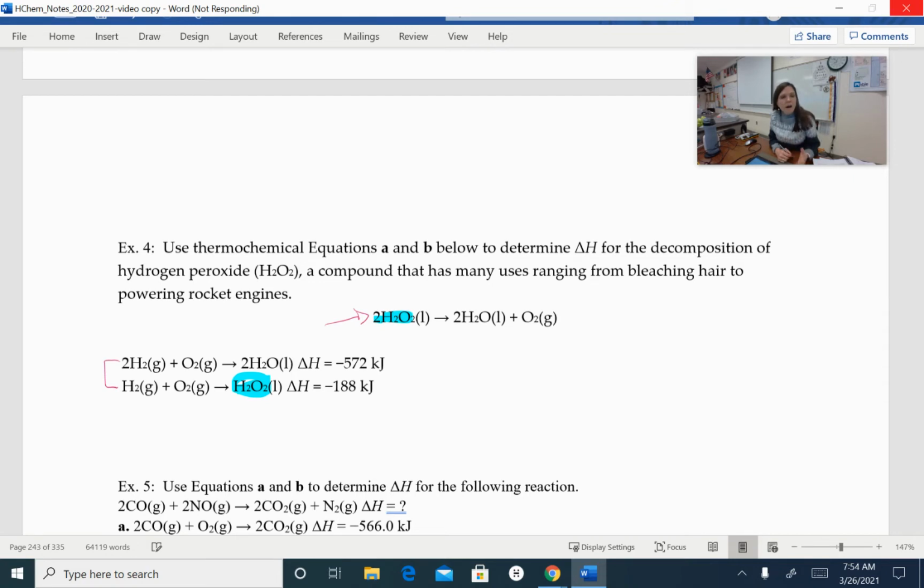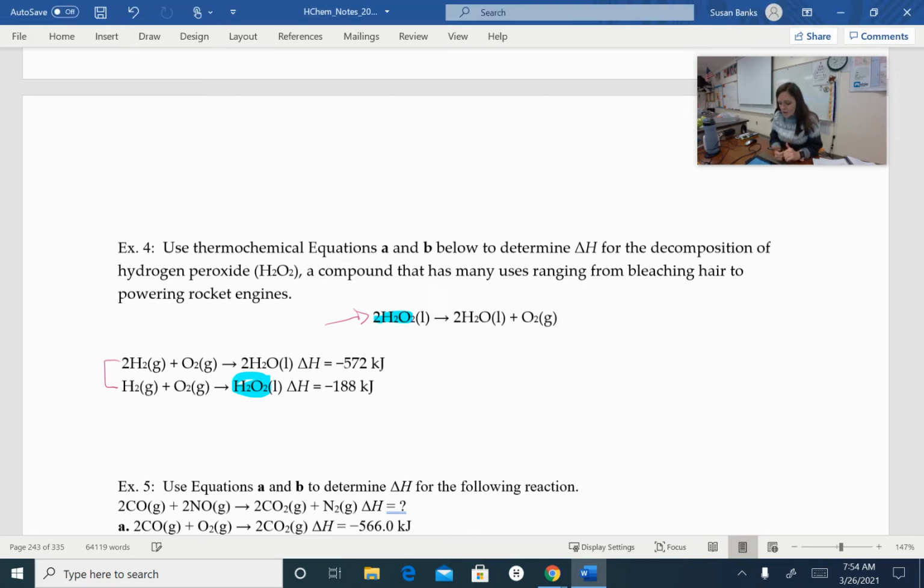Notice in this equation that the hydrogen peroxide is a product, not a reactant, so we're going to have to flip this reaction around. Also, up here I have 2 hydrogen peroxides, and here I just have 1. So not only am I going to have to flip this equation, I'm going to have to double it.